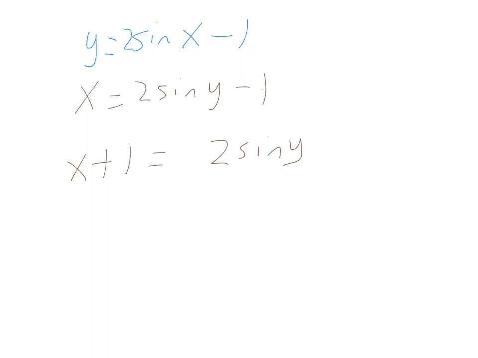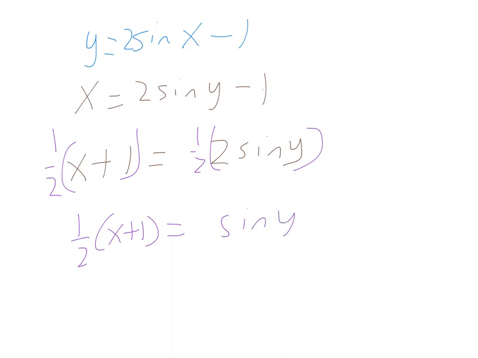Now if you multiply everything by 1/2, you have 1/2 times x plus 1 equals sine of y. So if you take sine inverse of both sides, the inverse is equal to sine inverse of 1/2 times x plus 1.